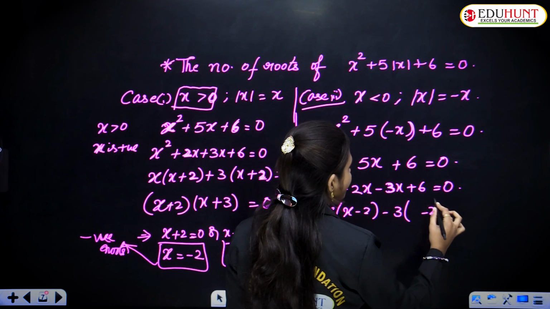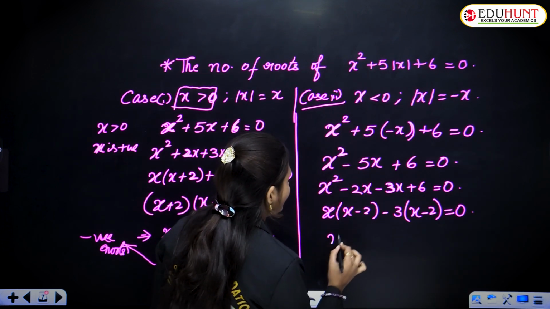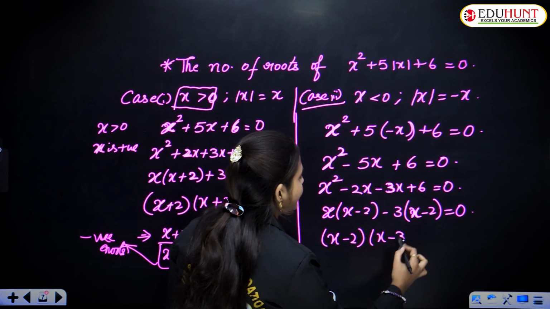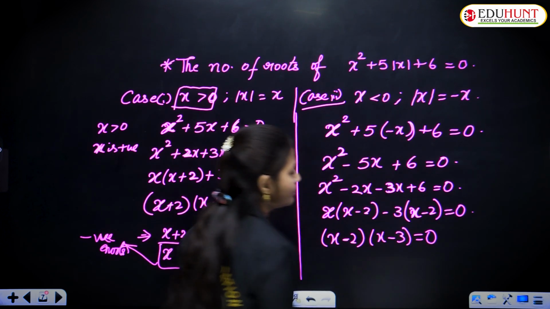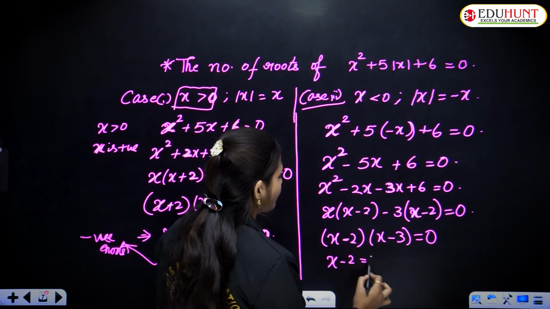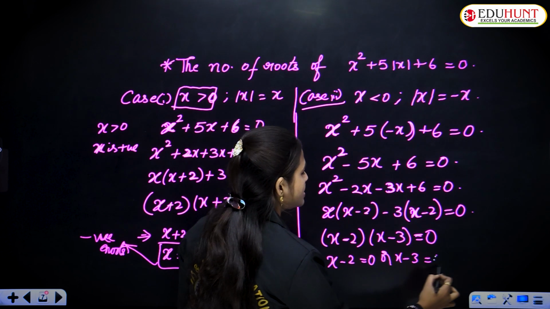So here again x - 2 = 0. The leftover x - 2 take it as common, then here x - 3 = 0. Understand? So x - 2 = 0 or x - 3 = 0.